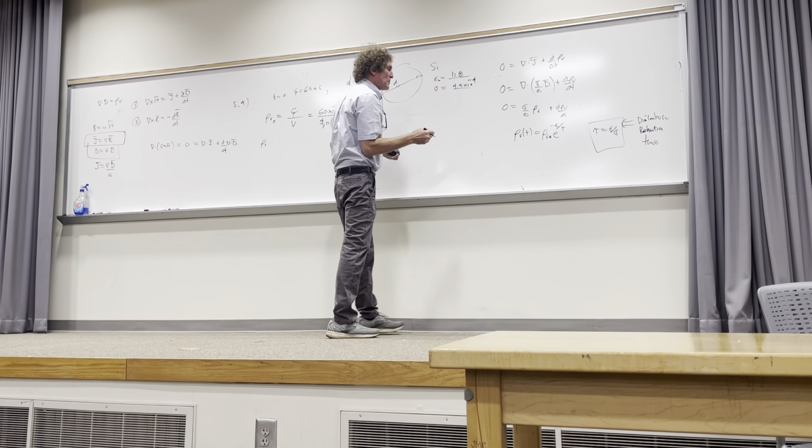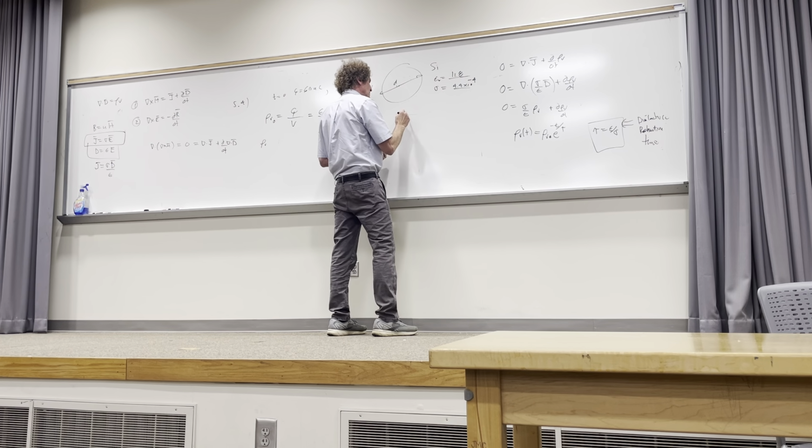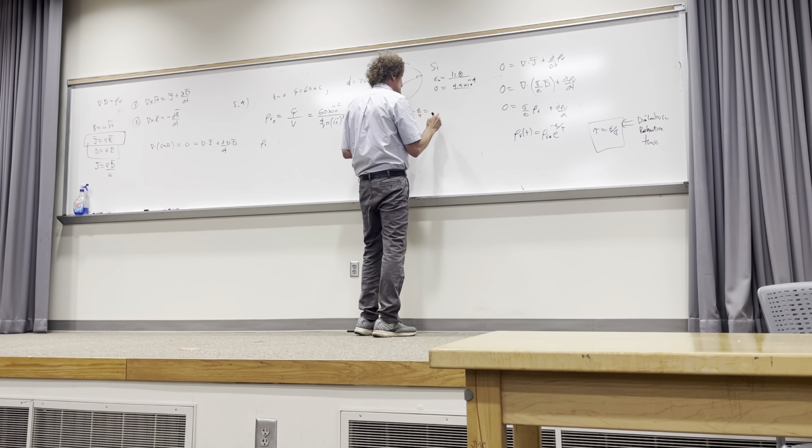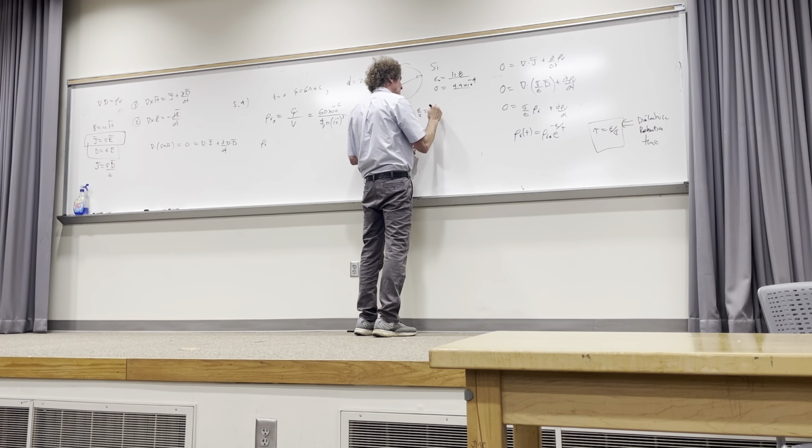All right, so now we need to find the relaxation time. We need to find tau, which is epsilon over sigma. So that's going to be epsilon relative 11.8 times epsilon naught over sigma, which is 4.4 times 10 to the minus 4th. This is going to be an interesting one.